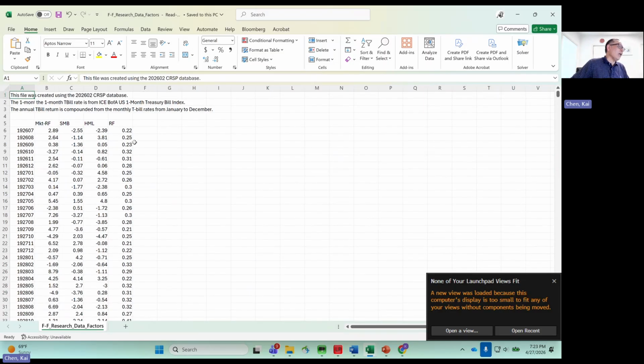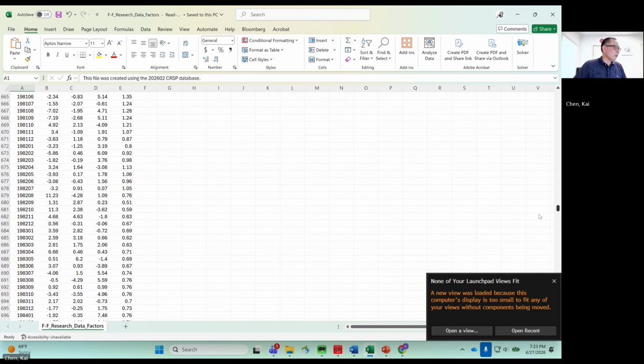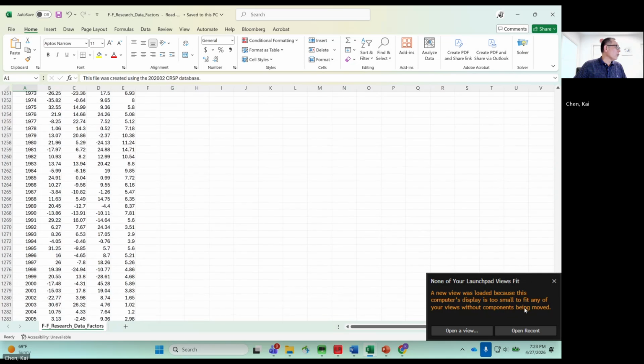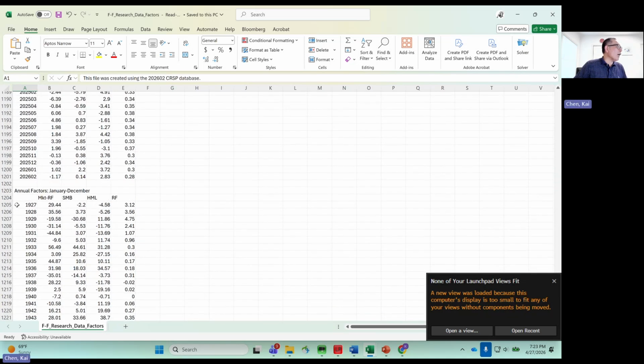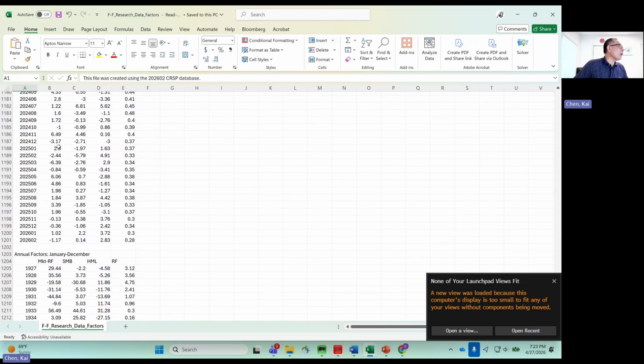And in the class, I have told you that in this data set, we have monthly 3-factor data, and also we have yearly 3-factor data. If you scroll down to the end, then you can find the annual factor data, right? But of course, we're going to use monthly 3-factor data. So here is the 3-factor data.